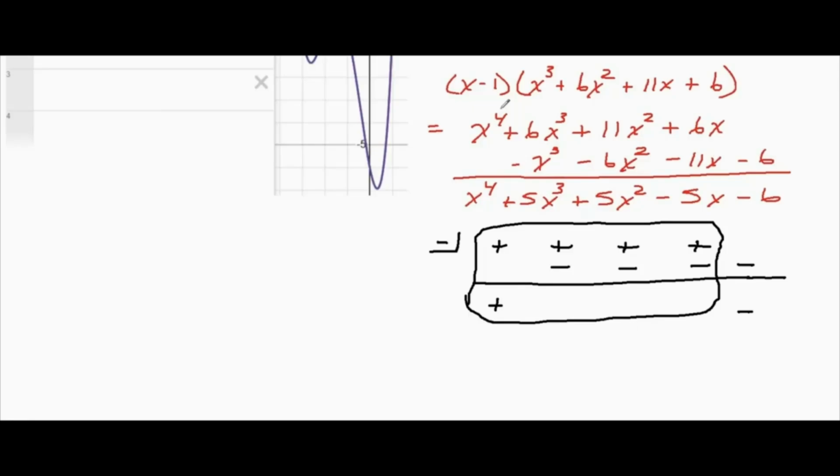Now, notice something interesting here. These three can go either way. So they could have all just been pluses, and we got one sign change. They could have gone minus, plus, minus.